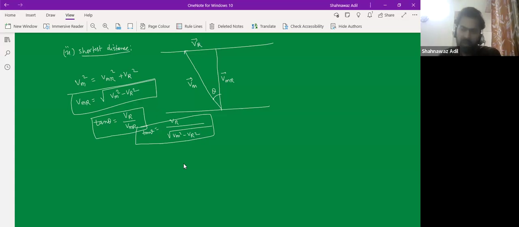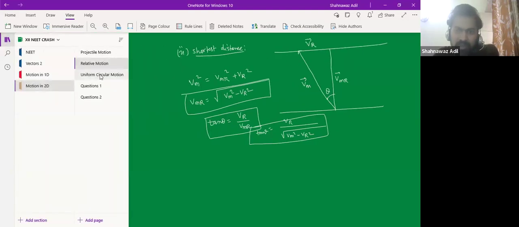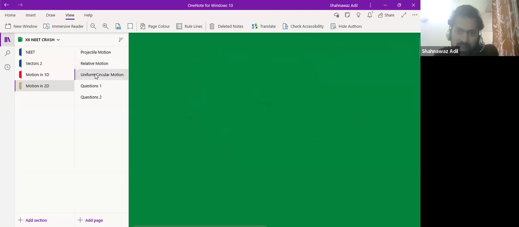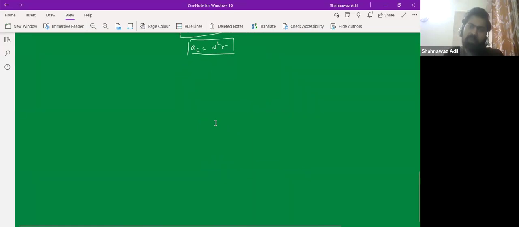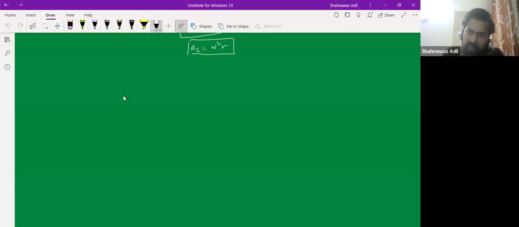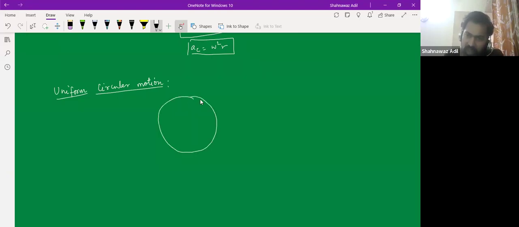Done, sir. Okay, so now let us do some questions, right? And let's do uniform circular motion as well, and then this will complete your chapters. In uniform circular motion, we only need to remember that the object is moving with constant velocity.